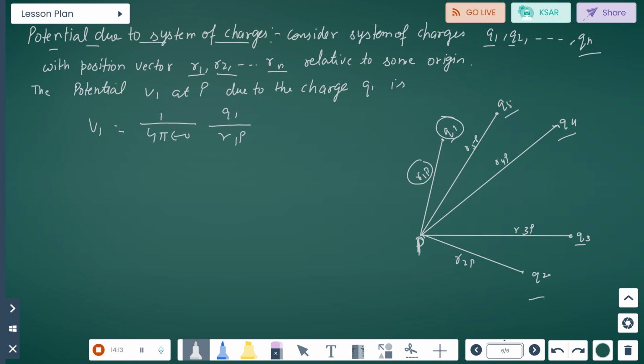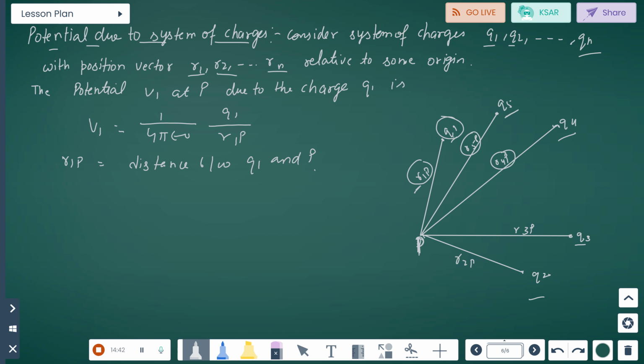Where R1P is the distance between Q1 and P, and R5P is the distance between Q5 and P. R4P is the distance between Q4 and P, and so on.